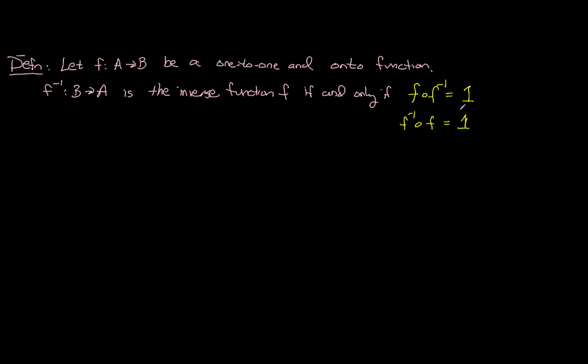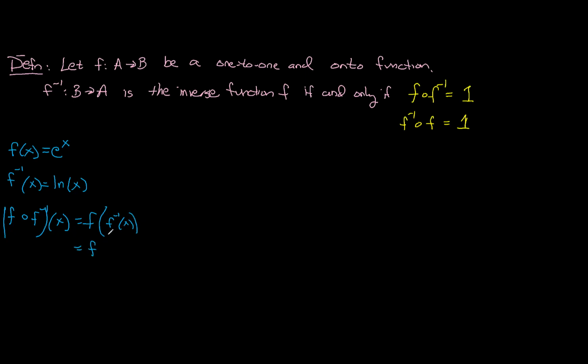So for example, if you had f of x equals e to the x, and f inverse, I tell you, oh yes, I think that's the natural log of x. Well, you could verify this by doing function composition. So f composed with f inverse would give you f of natural log of x.